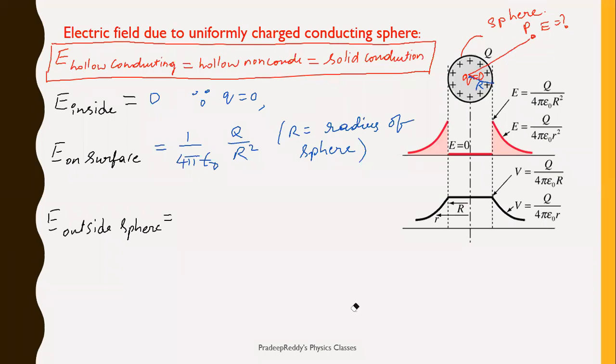From the center you are finding the field outside. So when you are finding field outside, this total sphere you can consider as a point charge because you are outside the sphere, right?